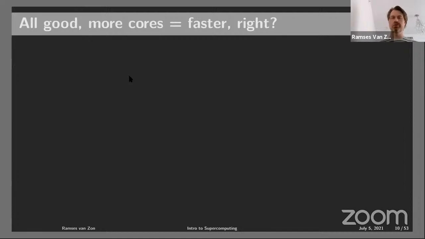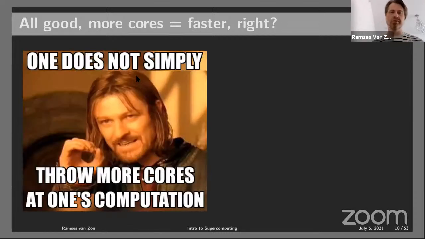Okay, so more cores, great, that's faster, right? In principle, yes, because they are workers and they can do work. But you can't simply throw more cores at a computation. The computation has been programmed usually and almost always in a way that expresses an algorithm, and the algorithm says, do this, then do that, then do that. It's a serial list of things to do. And in many cases, the order of these steps matters.